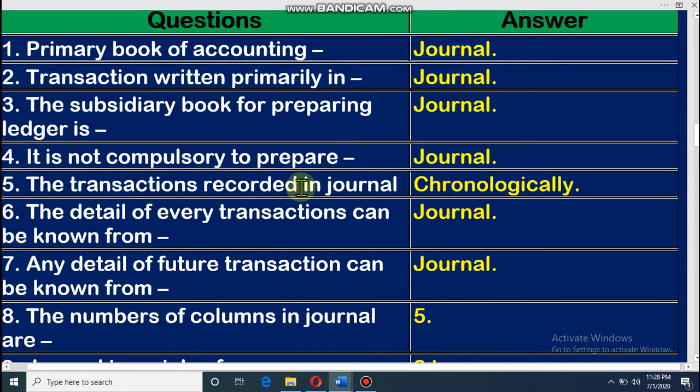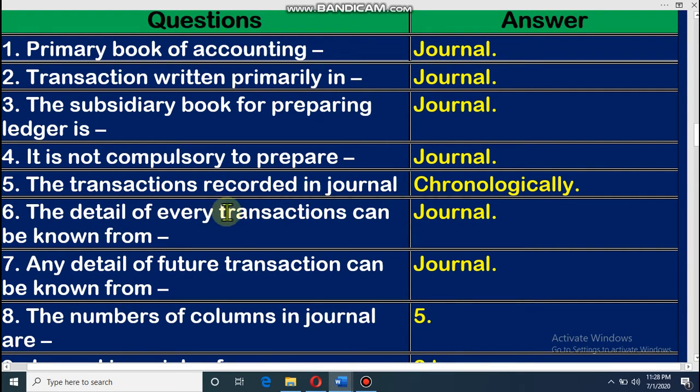The transactions are recorded in journal chronologically according to their occurrence. That means today's transaction I have to record today, tomorrow's transaction I have to record tomorrow. We cannot write tomorrow's transaction first and then today's transaction. That means according to the occurrence of time, we have to record the transaction.